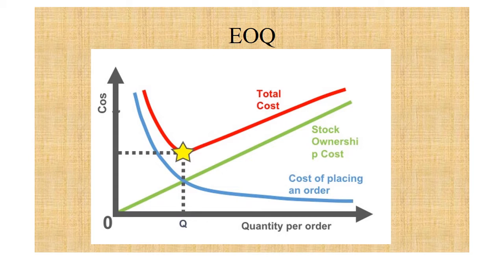And moreover, the total cost should be at the lowest. Here, the total cost curve, or the red curve as shown, is the lowest at the figured star, and similarly, the carrying cost and the ordering cost intersect at that very point, showing the economic order quantity.